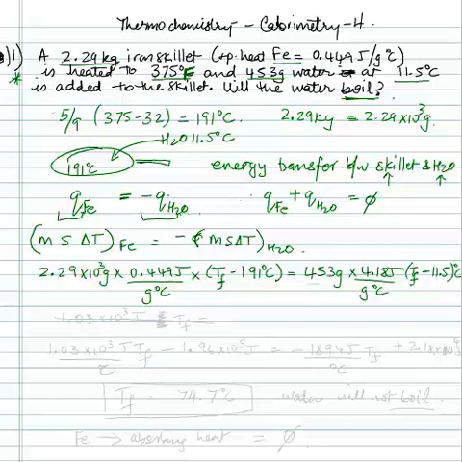So then, 1.03 times 10 to the power of 3 joules times T final. Sorry, no bracket, let me cross that out.